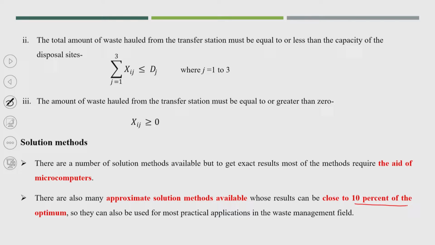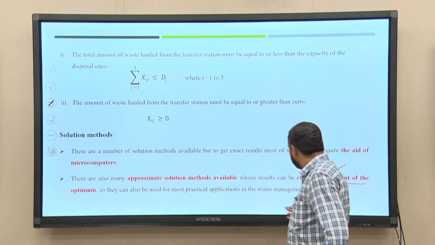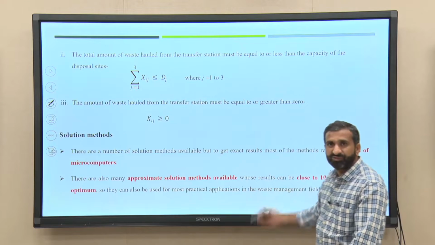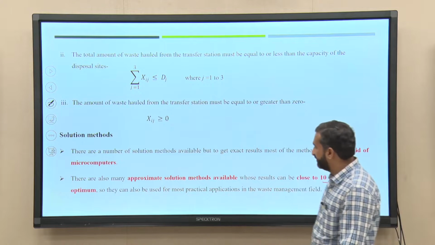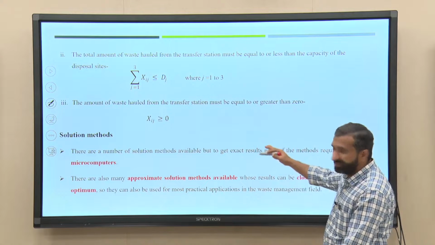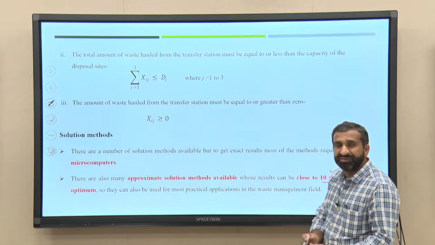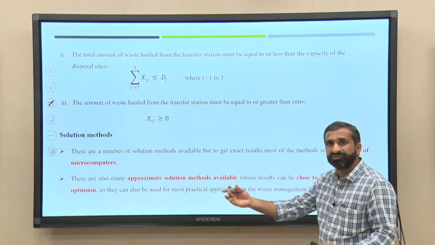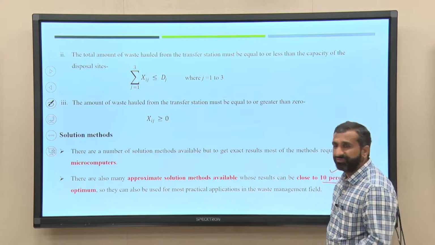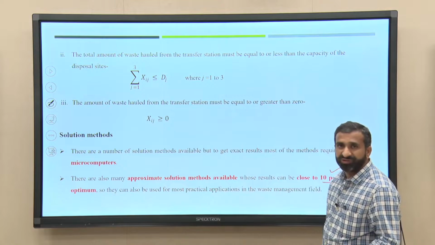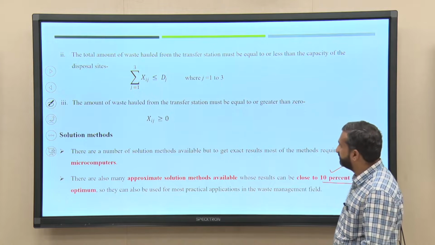Based on those 3 different constraints we can finalize which particular transportation will go to which particular disposal site.